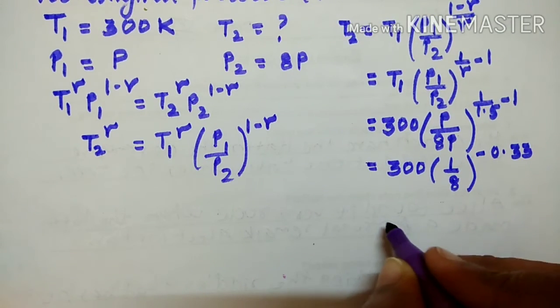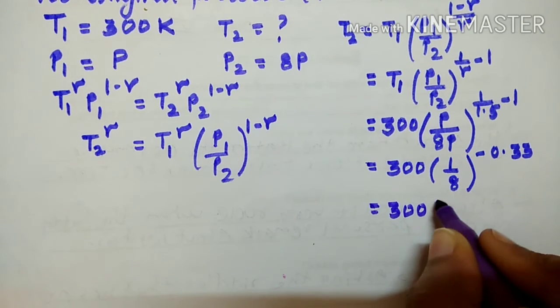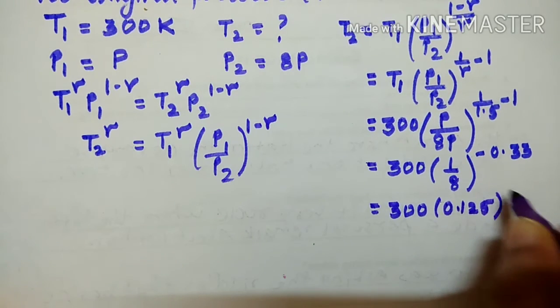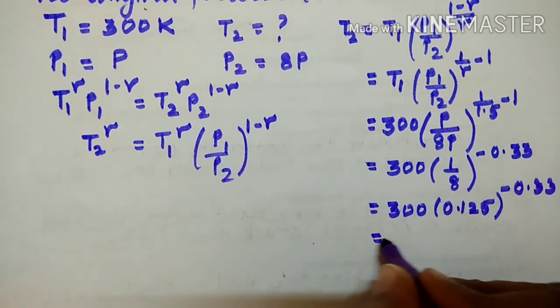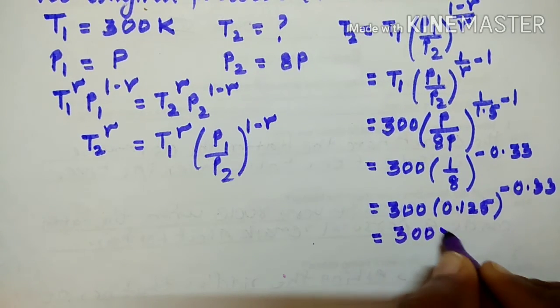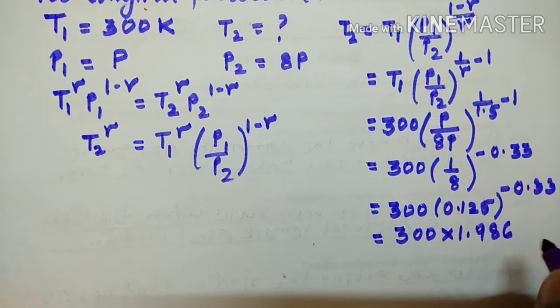So this is 300 into 0.125 raised to minus 0.33. This is equal to 300 into 1.986.